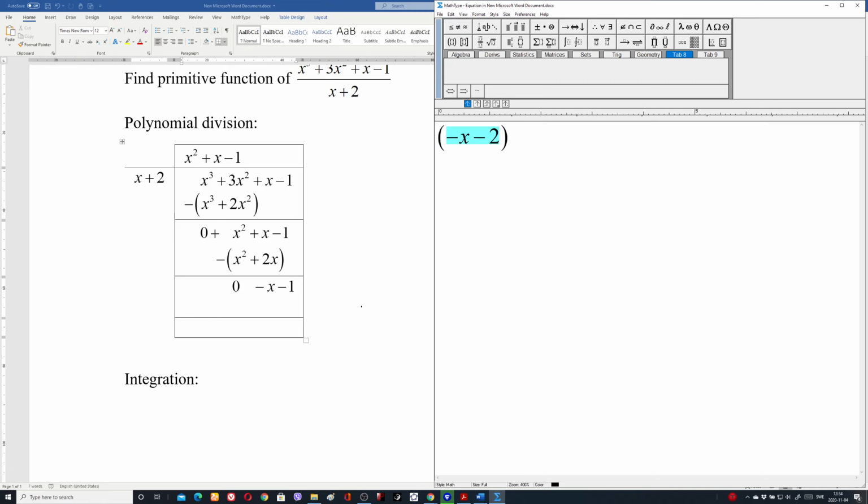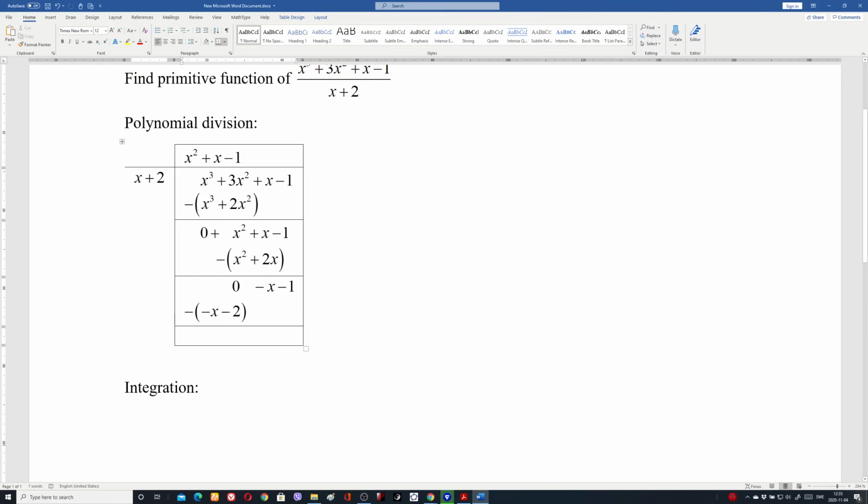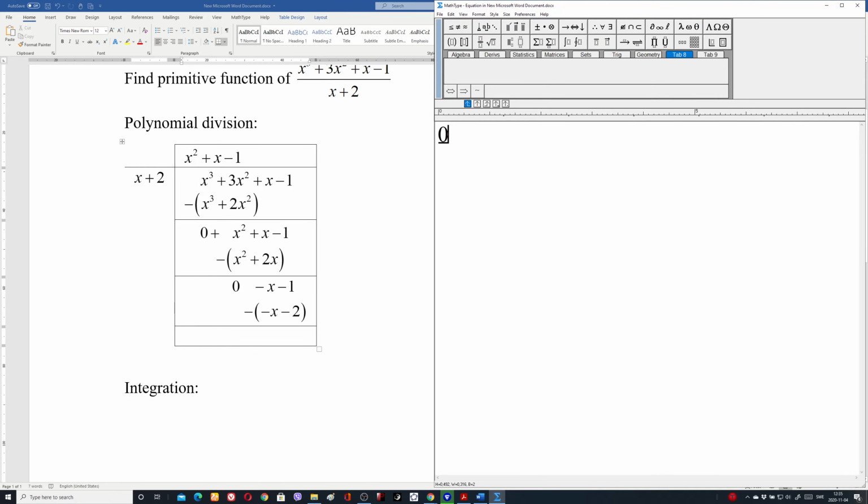Now I will put a minus here because I'd like to eliminate these terms. Let me see how this looks. Now I have minus x plus x, which is 0. After that, minus multiplied by minus 2 is plus 2, and plus 2 minus 1 is just plus 1.